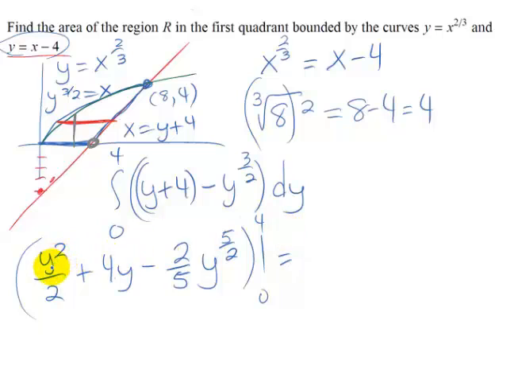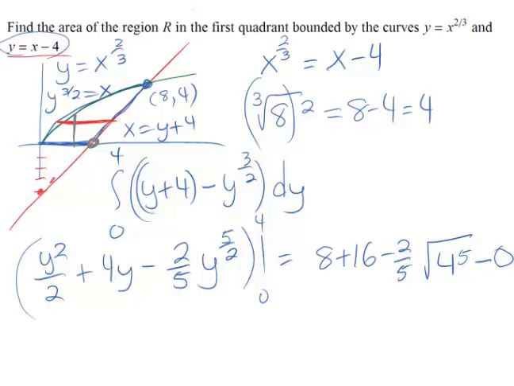So putting in a 4, we'd have 4 squared is 16, divided by 2 is 8. Putting in a 4 here, we'd have plus 16. Putting in a 4 here, let's write that out. This would be putting in a 4, square root, and to the 5th power. And then subtracting the lower limit, they all have y, so that would be 0.